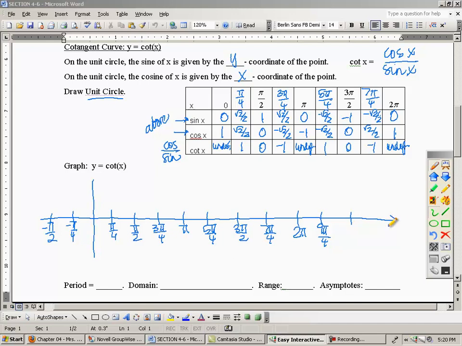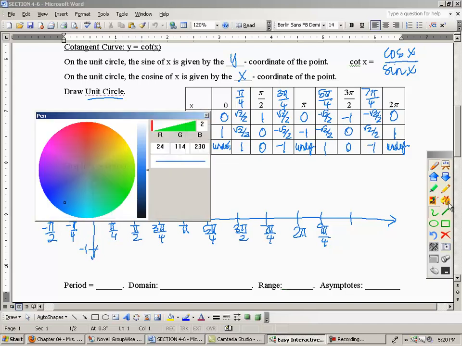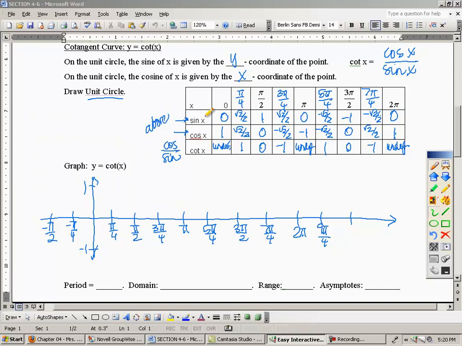Go out like this, and again you can see we go from positive 1 to negative 1, and I'm going to again switch my color so that we can look at this.